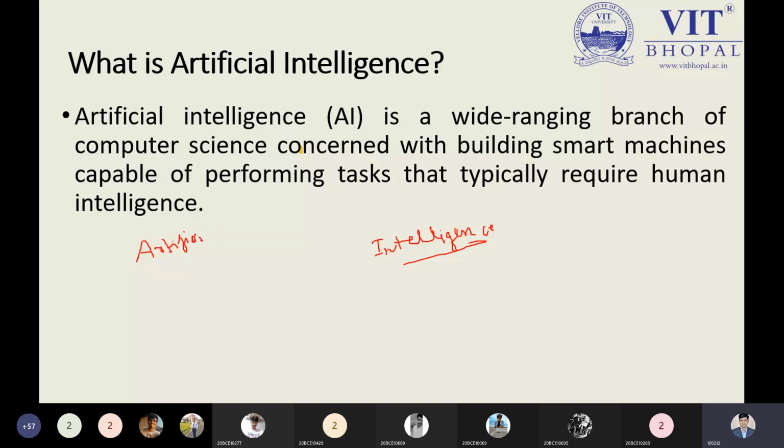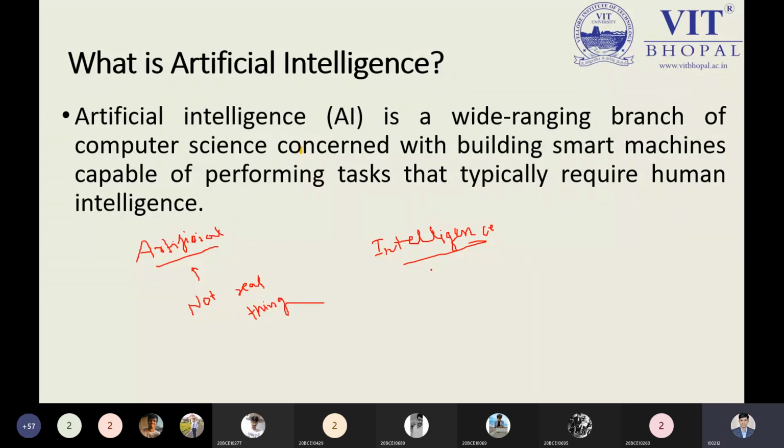Artificial means not a real thing. Am I right? Can I write like this? Which is not a real thing, not real, or we can write the not real things.